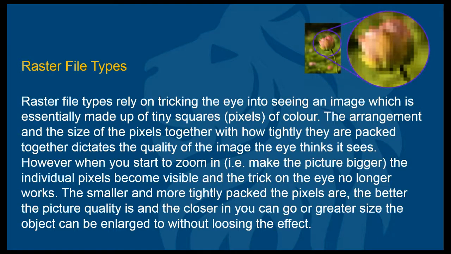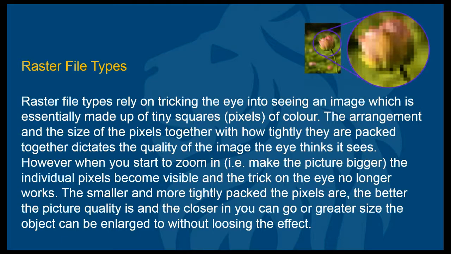There you can see the arrangement of the size and the pixels together and how they're tightly packed, and the effects that it has when you look at the picture normally. You can also see how the trick comes apart when you make it a lot bigger, and then your eyes can actually see how the dots are formed. And that's really the basis of the quality of a raster image.